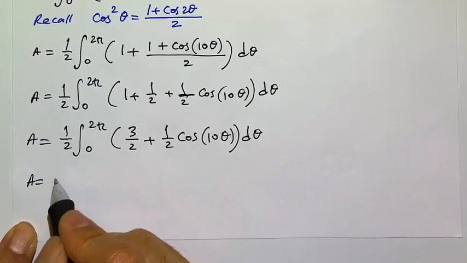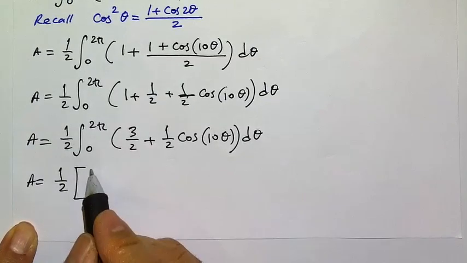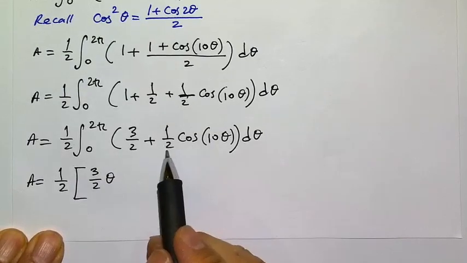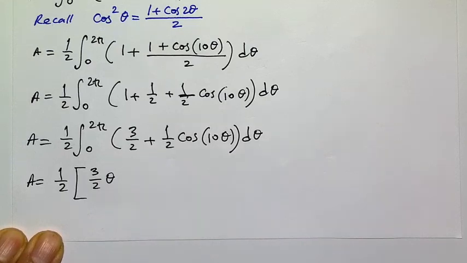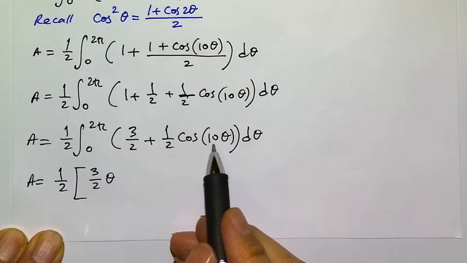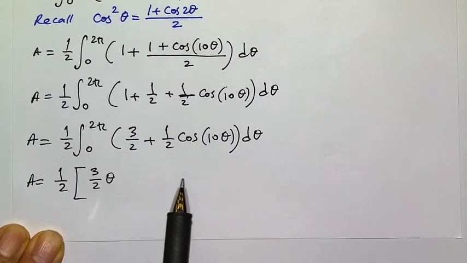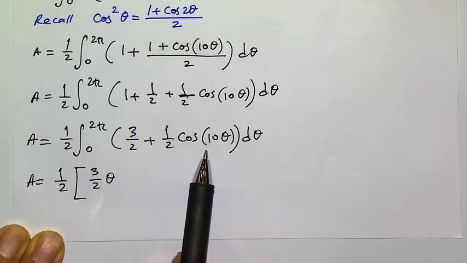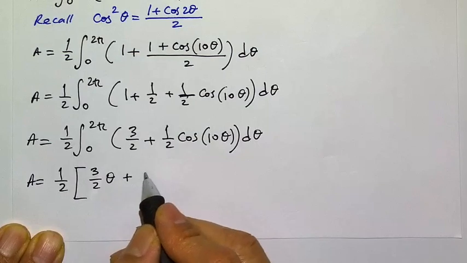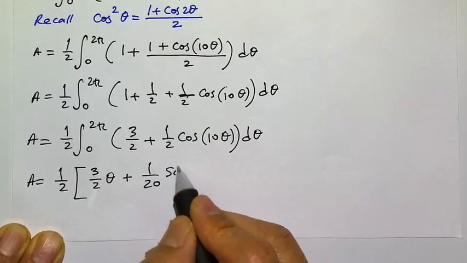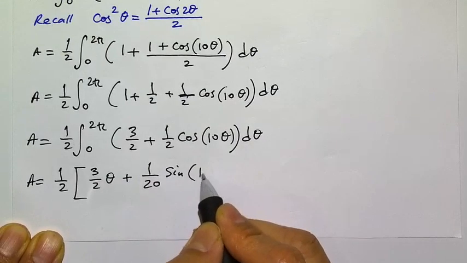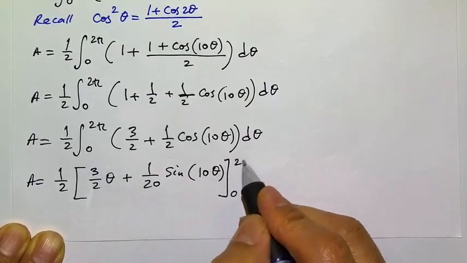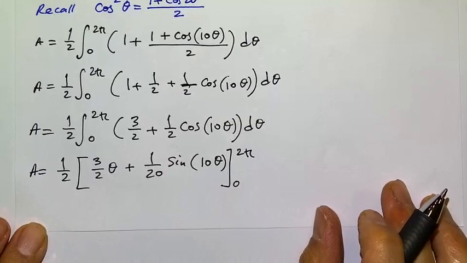So we have A equals 1/2 times 3/2 theta plus 1/10 times 1/2, so that'll be 1/20, and then sine 10 theta, plus 1/20 sine of 10 theta, and then we have this from 0 to 2 pi. All right.